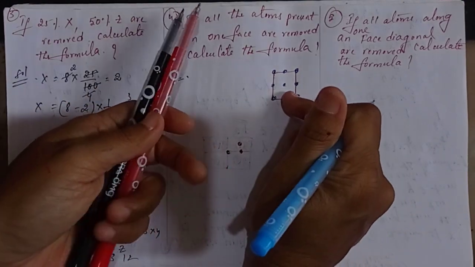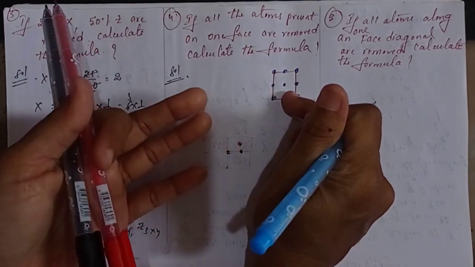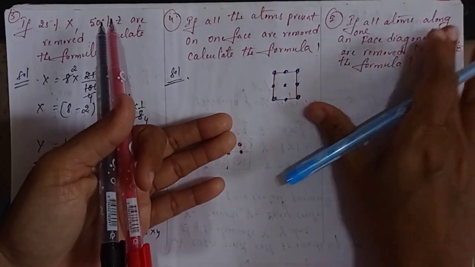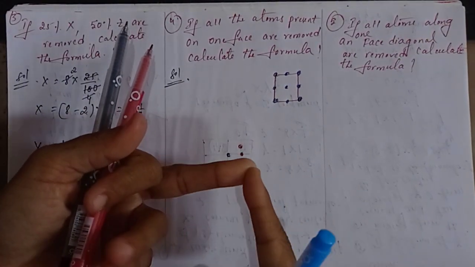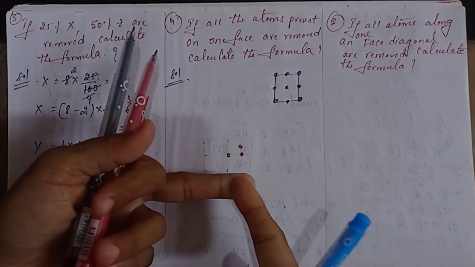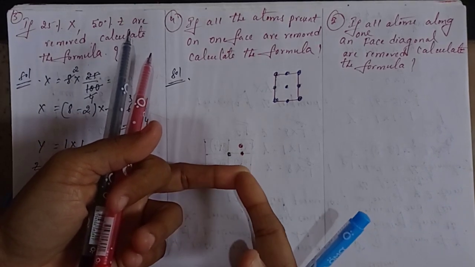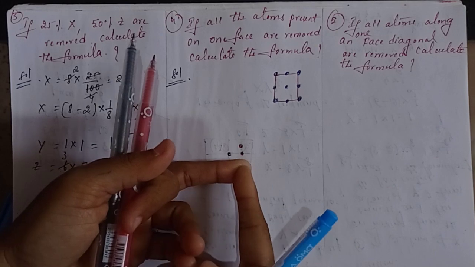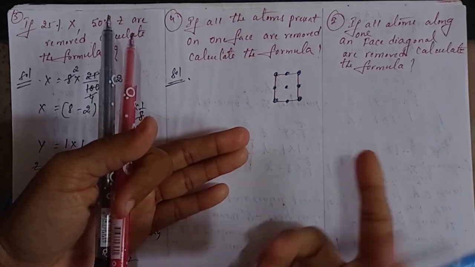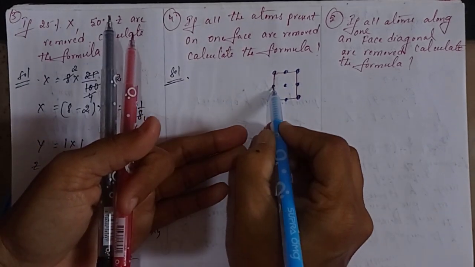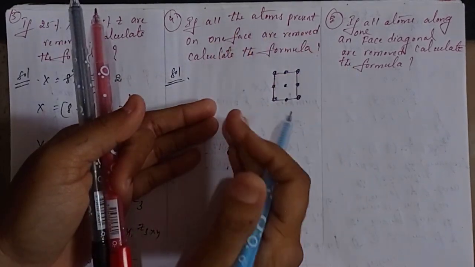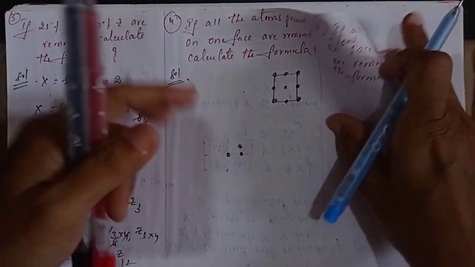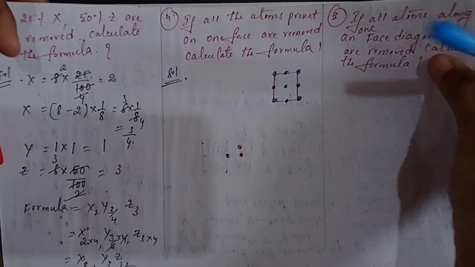But in the question they have given only that X particles are present at the corners, Y particles are present at the body center, and Z particles are present at the face centers, correct, students? Here edge centers are also there, so edge center particles are also removed, but we need not think about the edge center. Otherwise you take here one more thing, students.